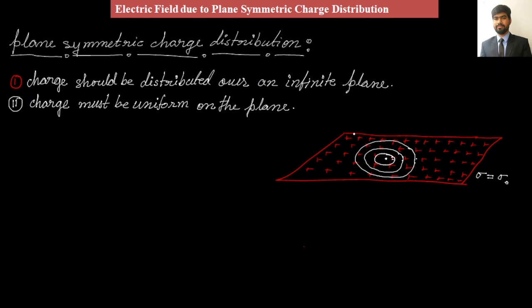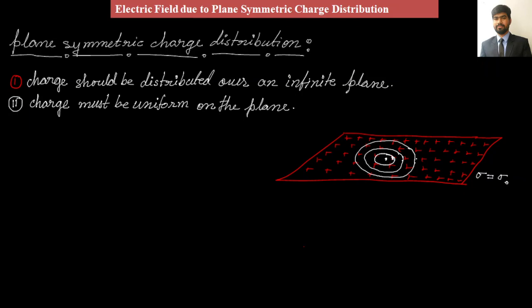Why must this charge density be uniform? You see, in order to be plane symmetric, if we draw concentric circles of different radius around this point, the charge density on each circle must be the same. And only when the charge density on this plane at every point is uniform will the charge density on the circle be the same.